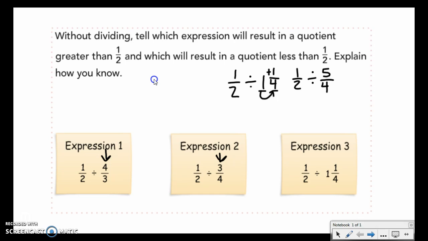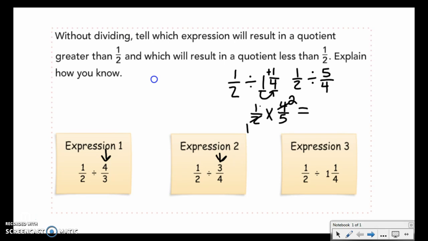All right? Now, without dividing, we're going to solve this problem. So we're going to use the reciprocal method, which is 1/2 times 4/5. All right? Look at the numbers across from each other, like an angle, 2, 4, and 1 and 5. 1 and 5 have a common factor of 1, but if you divide 5 by 1, you still have 5, so the numbers will not change there. 2 and 4, however, have a common factor of 2. 2 divided by 2 gives you 1. 4 divided by 2 gives us 2.